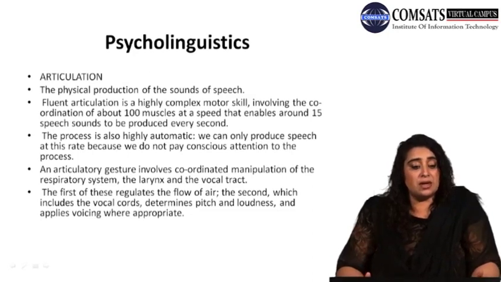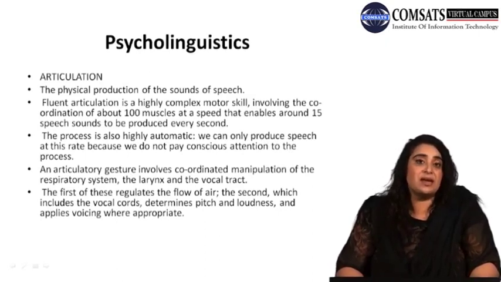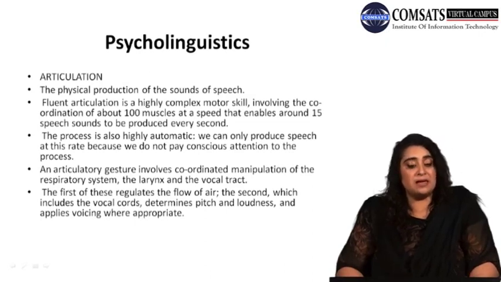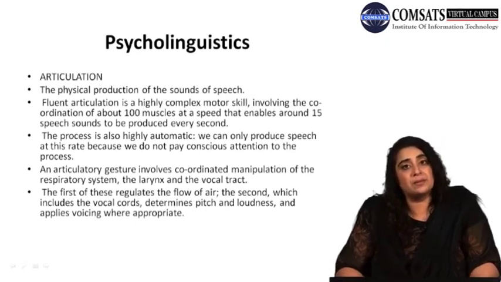So an articulatory gesture involves coordinated manipulation of the respiratory system, the larynx and the vocal tract. The first of these regulates the flow of air. The second, which includes the vocal cords, determines pitch and loudness and applies voicing where appropriate.